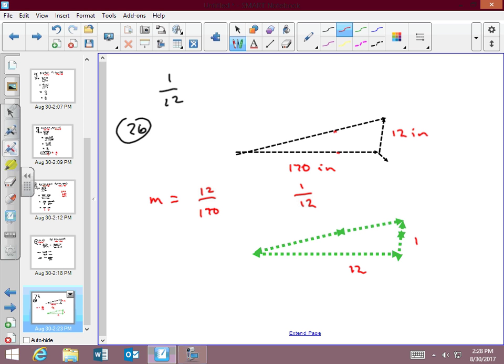How would you compare the 12 to 170 as 1 to 12? Convert the inches to feet. Yeah, but you'd still have to compare. If you did inches to feet, then this would be 1 foot right here. The 12 over 170 would be 1 foot, and then horizontally it would be 12 into 170. What would that be? 12 into 170.